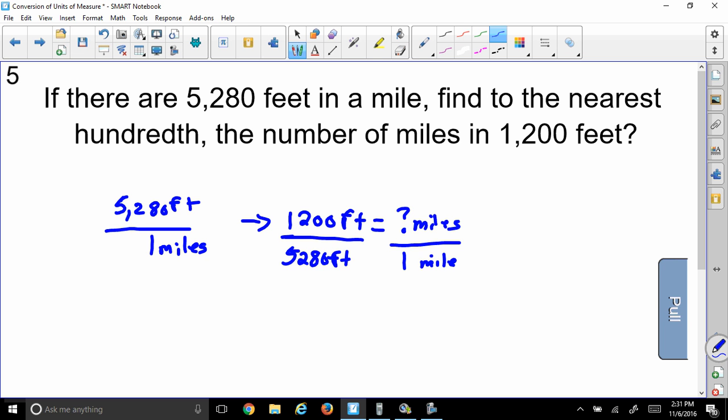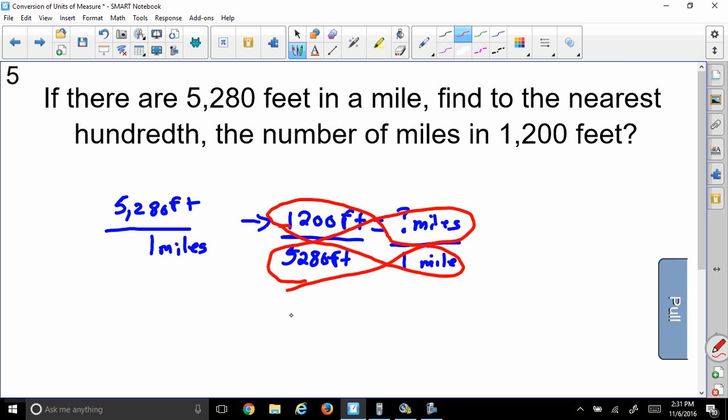And I'm going to do this by cross multiplication, because this is something that's a little bit easier than multiplying, but I like to multiply. So cross multiply.